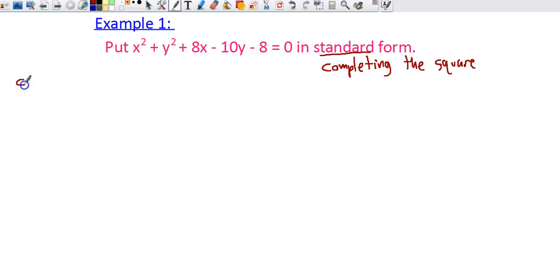So step 1, you want to write the x's together. So we're going to put the x's together, we're going to put the y's together, and we're going to move this minus 8 over to the right side.